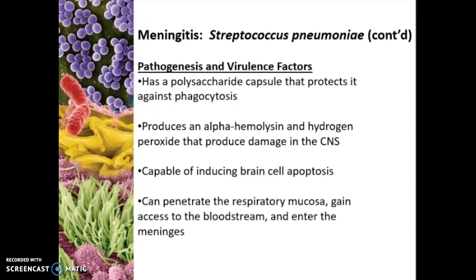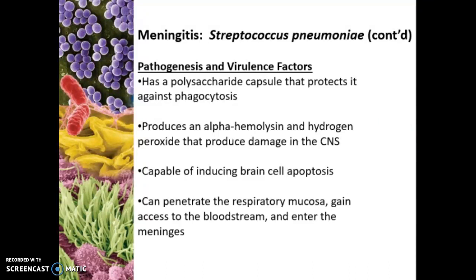Alright, the virulence factor for Streptococcus pneumoniae is its polysaccharide capsule. Nearly all strep organisms have a capsule. It also produces an alpha hemolysin, so it's going to be cultivated on a blood agar plate.